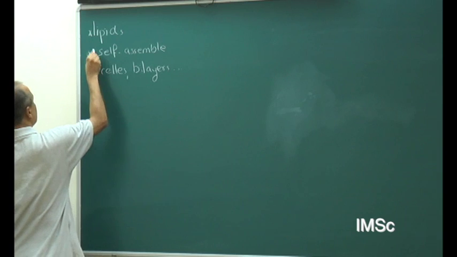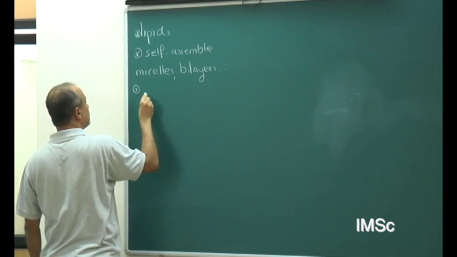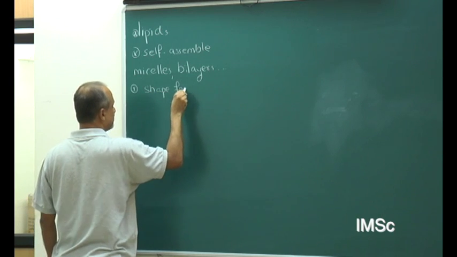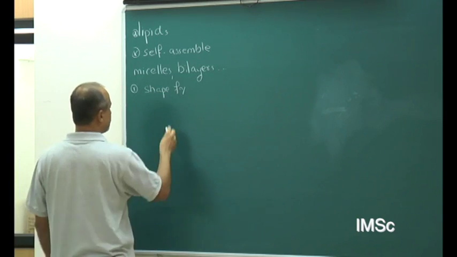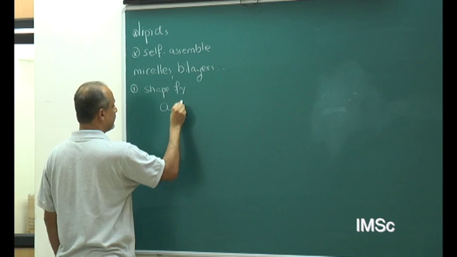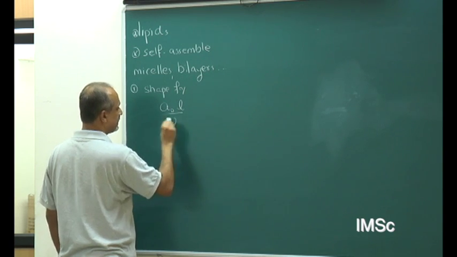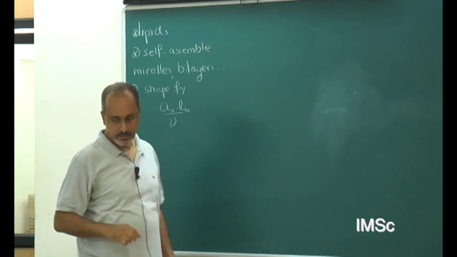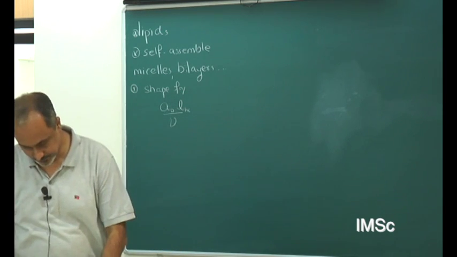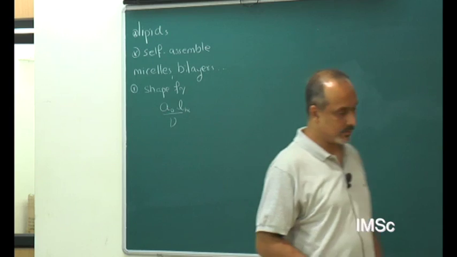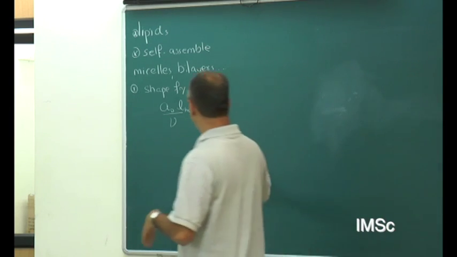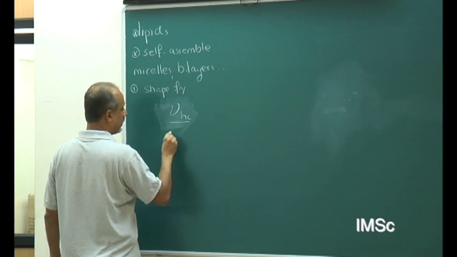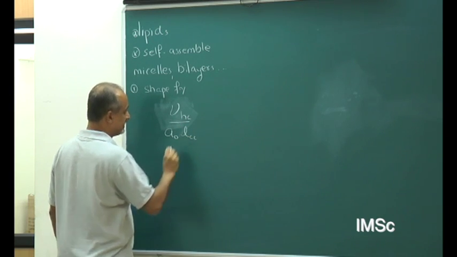The next thing that we did was to look at something called a shape function or a shape index, and that was something that looked like nu of Hc on top, divided by A naught times L Hc.